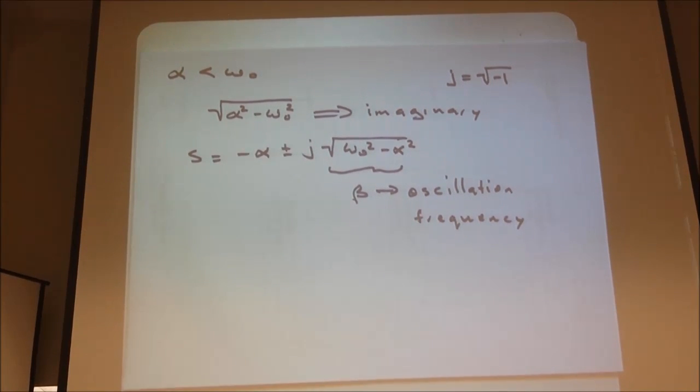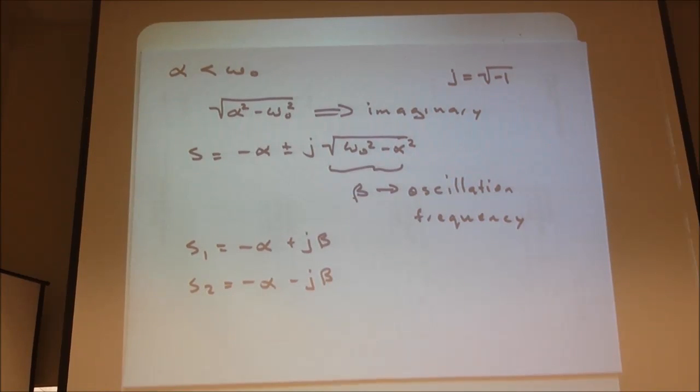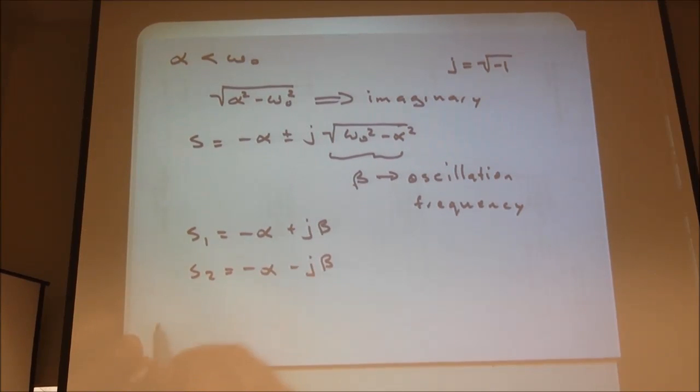And so there's our two terms. We still have two s's, an s1 and an s2. So we can write s1 equals minus alpha plus j beta, and s2 equals minus alpha minus j beta. So we still have two s's, but now they're complex. And we can go ahead and substitute those in.